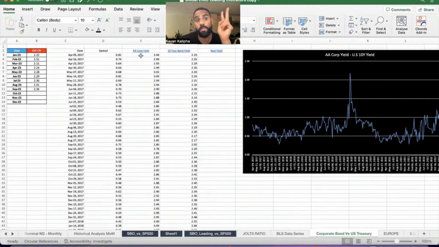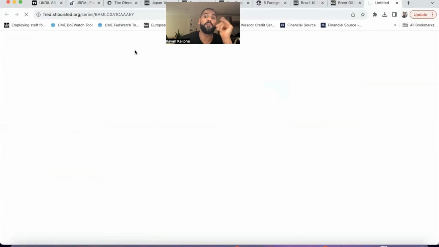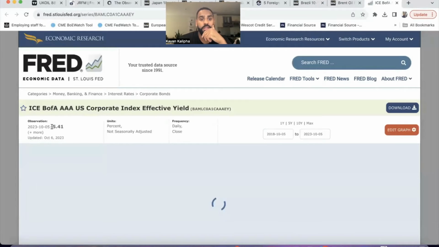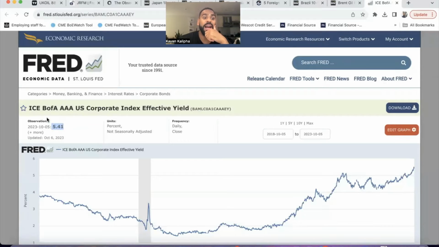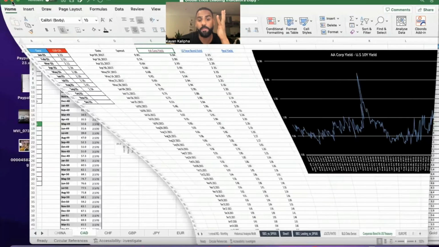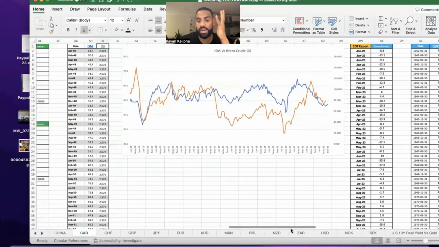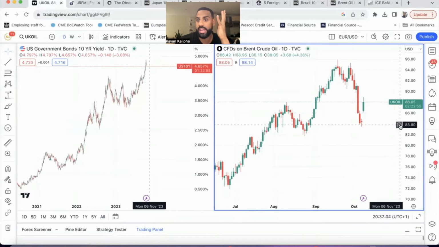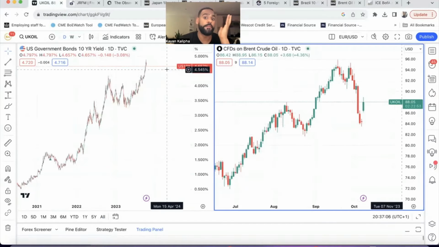So companies that are AAA rated, the safest corporate bonds you can buy, the Apples, the Amazons. Their interest rate average is 5.41%. The US government interest rate on a 10-year government bond right now is, as we looked at here, 4.56.